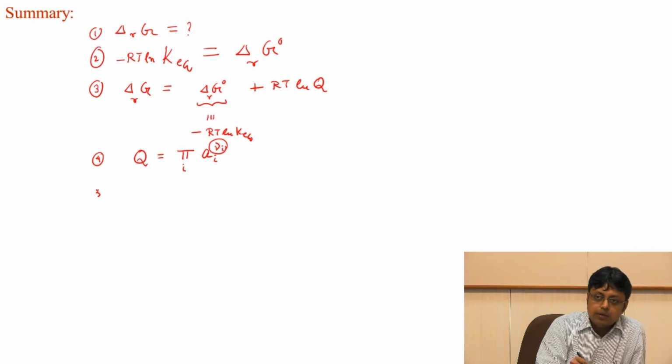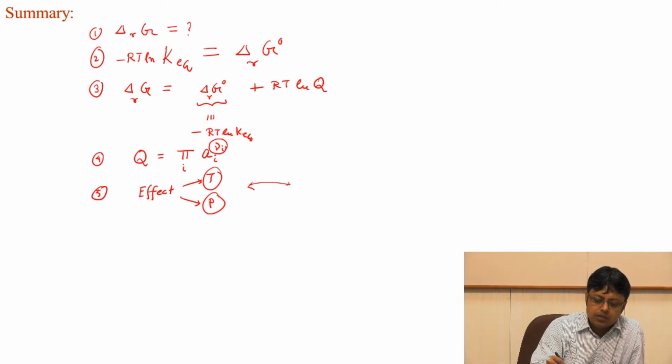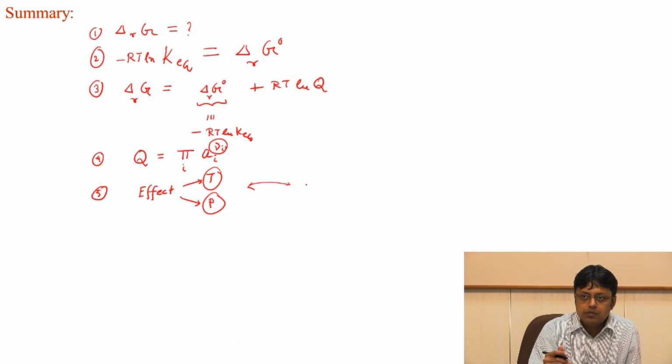And then we talked about the effect of external agents, like the effect of temperature as well as pressure. Initially we talked about pressure, and then temperature, and that explains how, if you want to make a change, the system will always try to counteract the change, which is related to a principle you studied in high school known as the Le Chatelier principle.